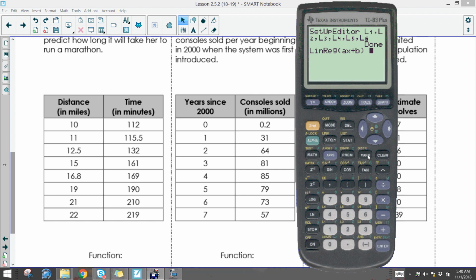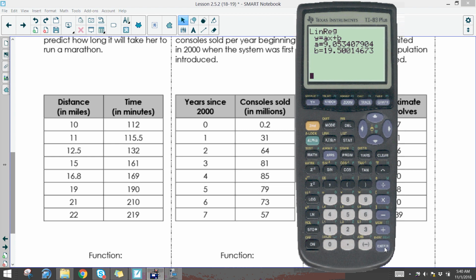You're going to go to VARS right here, kitty corner from stat. Go over to Y-VARS and go to function and Y1. What you're doing by hitting those buttons is saying, I want this calculator to calculate a linear regression, and I want you to put the equation that you found in Y1 so it graphs it, because that's normally where we would enter a graph.